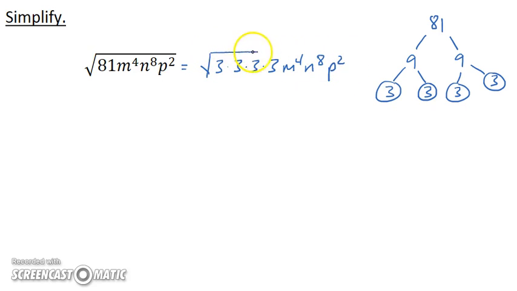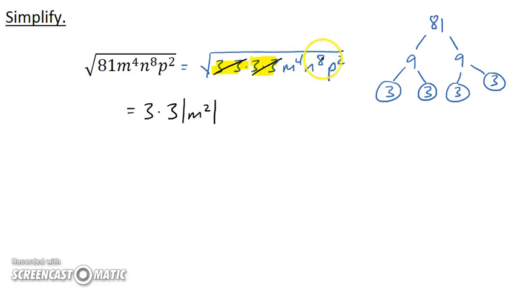I am going to do this one without writing out each variable to the power. Well, what comes out? I've got 2 sets of 3's, so I can bring out 1 3 for each of those. 3 times 3. M to the fourth would be like m times m times m times m. So I've got absolute value of m squared.